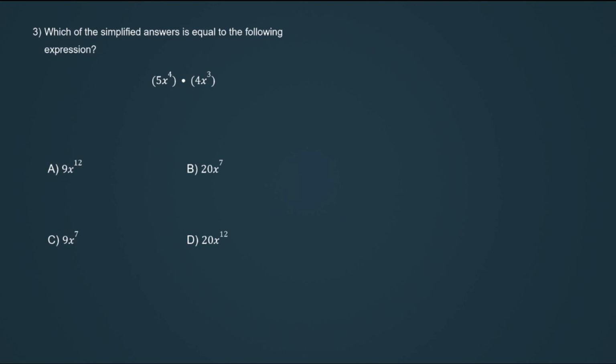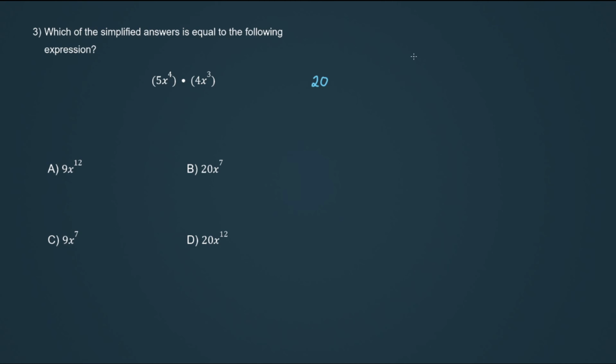All right, question 3. Which of these simplified answers is equal to the following expression? All right, so in this case, we've got 5x to the 4 times 4x cubed. What we're going to do here is multiply the numbers together. So 5 times 4 is 20, multiplying the coefficients together. And here we've got x to the 4 times x cubed.